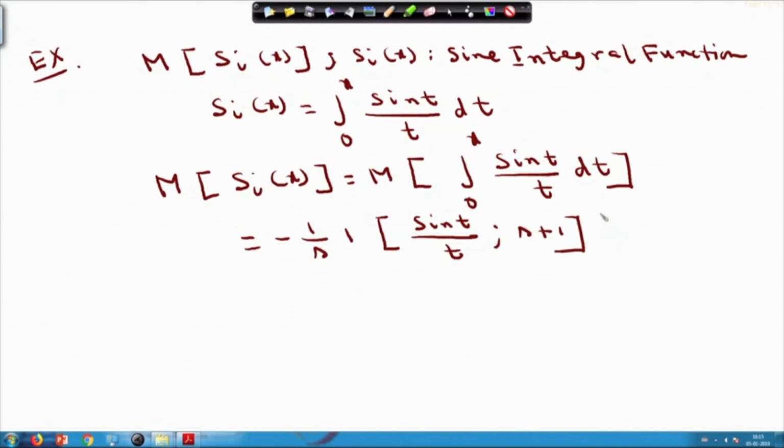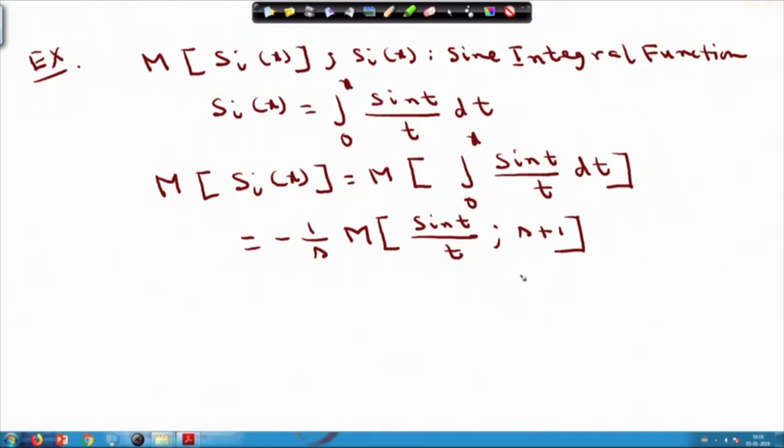So, please note that the Mellin transform of the integral from 0 to x of sin t by t dt, I am writing as minus 1 by s into the Mellin transform of sin t by t, where the parameter is s plus 1.